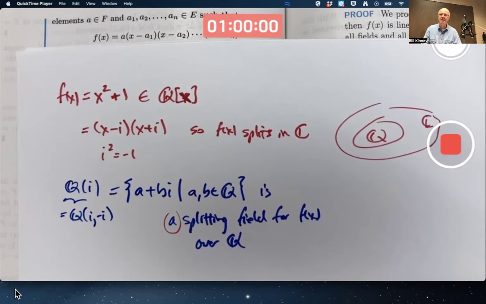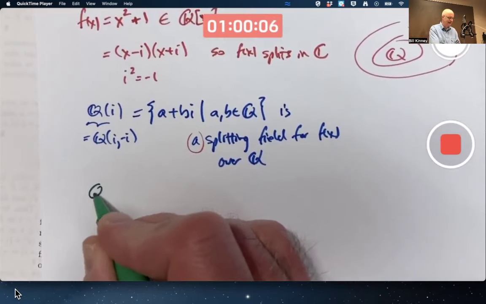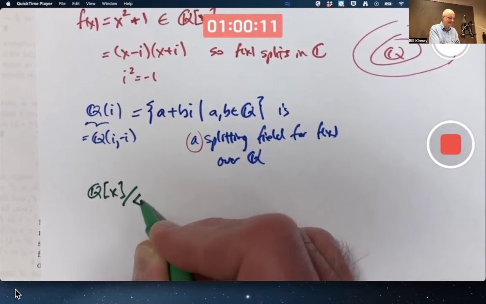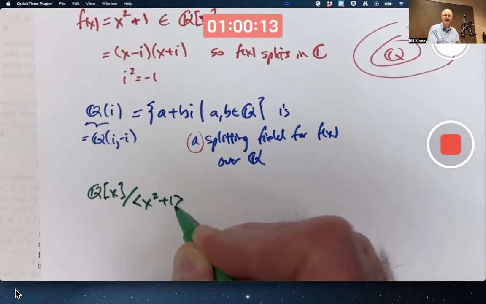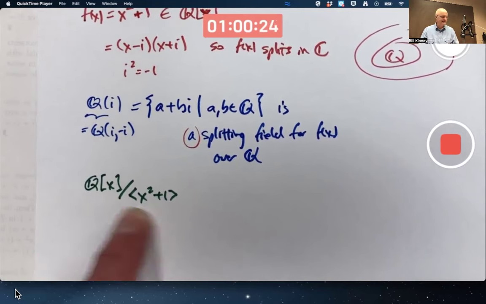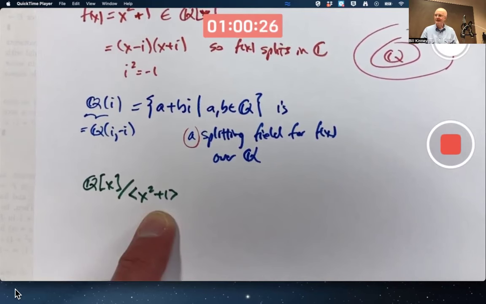Can I think of an example? Yes, I can. Coming back to this kind of example once again today. Take the polynomial ring, Q[x], so all polynomials with rational coefficients, and mod by the ideal generated, the principal ideal generated by x squared plus 1, which is irreducible over Q, and therefore this ideal is maximal, and therefore this factor ring is a field.